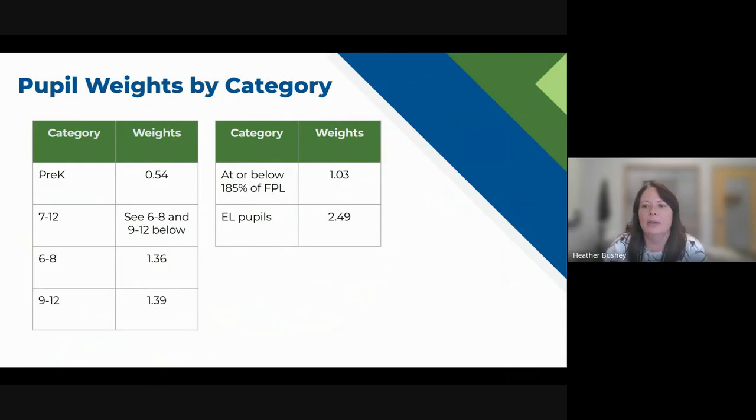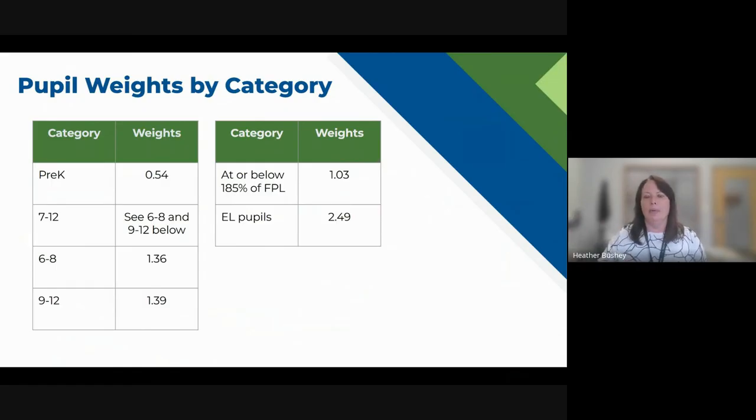So these are the categories and the weights. If you're a student who is at or below 185% of the federal poverty level, you get an added weight of 1.03. If you are an EL pupil, you get an added weight of 2.49. So those are the categories of students that are being weighted more.